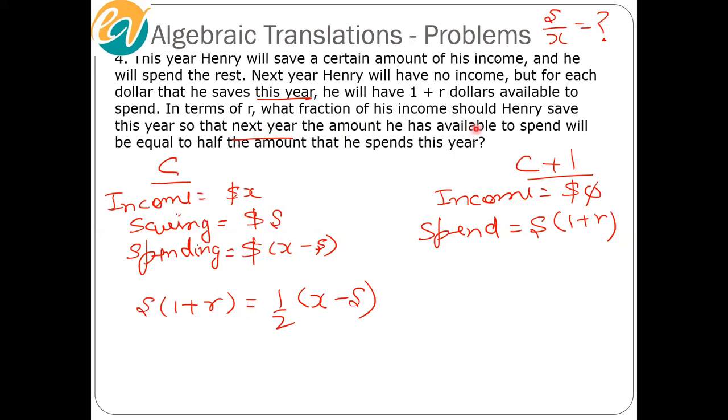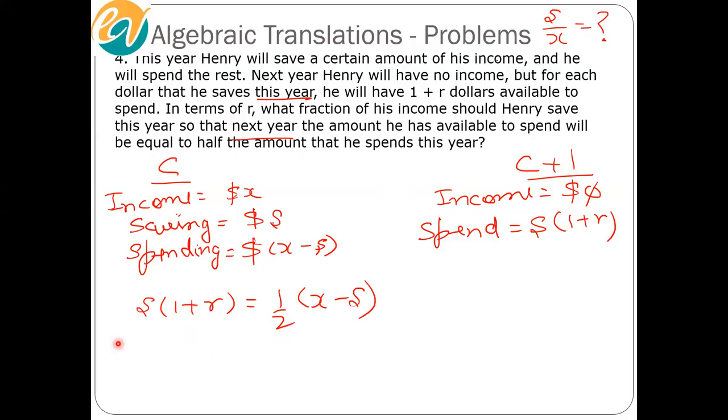So next year, the amount that he has available to spend equals half the amount that he spends this year. And from this, what do we have to find out? The value of S by X in terms of R.